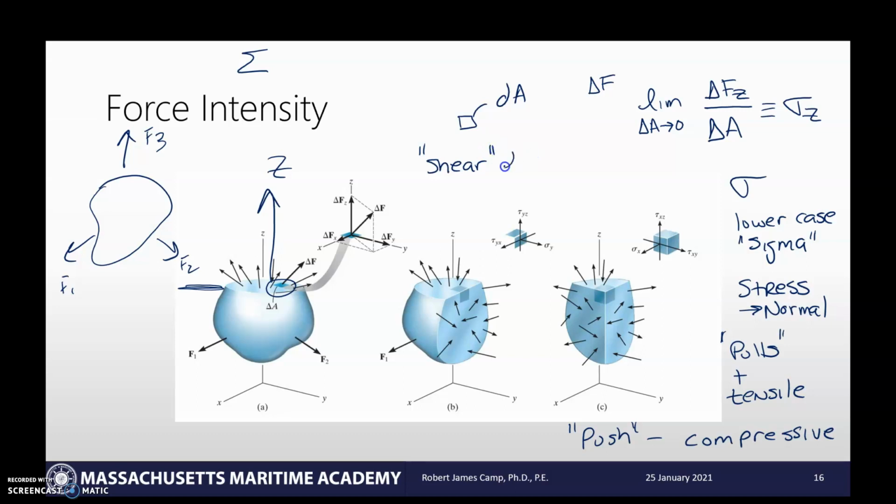And actually, we're going to do the same thing. So if I take the limit as delta A approaches 0, and I'm going to look at the sum of the forces in the x direction with context of the A, what we end up getting there is we are going to have a shear stress, and we're going to represent that with lowercase tau. It's kind of a C with a tail on it. It's lowercase tau.